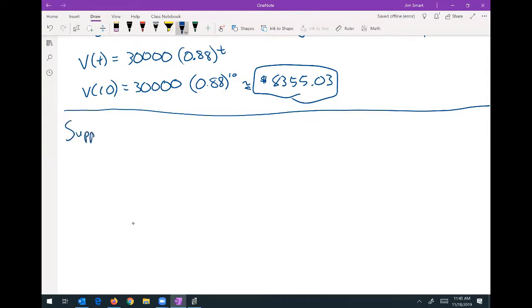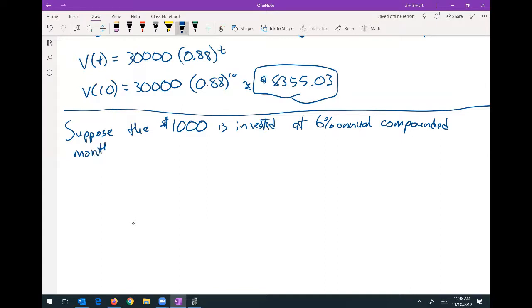Suppose we go back to that first thing. The $1,000 is invested, and we're going to change the interest rate just to make the division easier, to 6% annual interest, but it's compounded monthly.